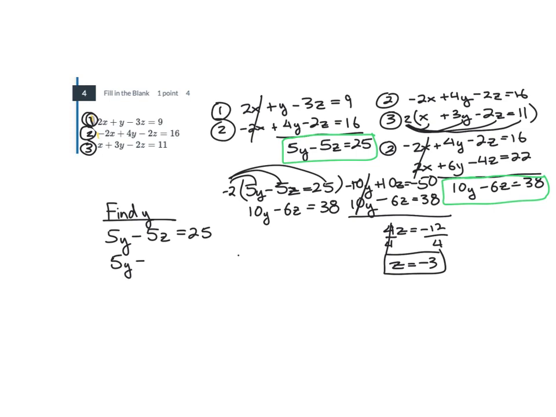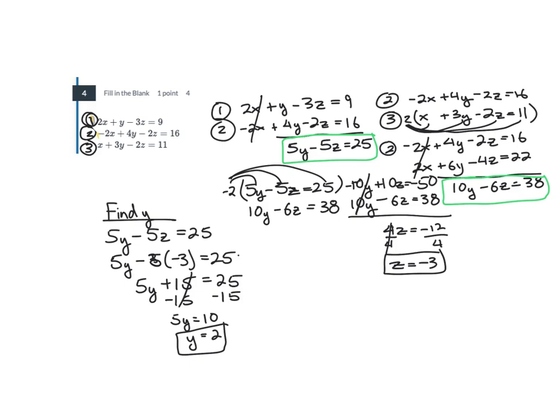So 5y minus 5 times negative 3 is equal to 25. So 5y plus 15 is equal to 25. Subtract 15 from both sides of the equal sign, and you get 5y is equal to 10. So therefore y is equal to 2.